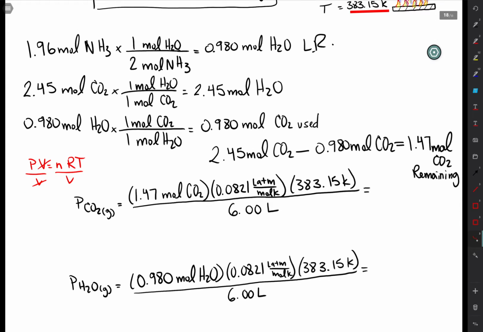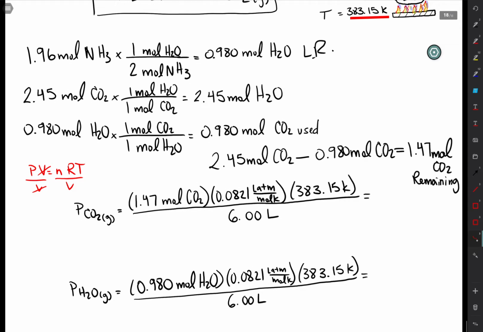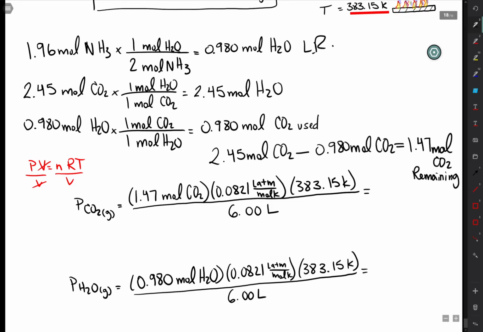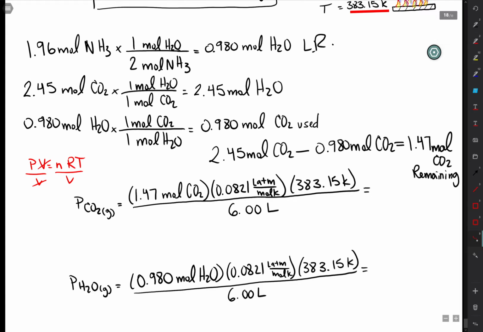Now we can use that to find the pressure of carbon dioxide. We can plug this into our equation of PV equals nRT and solve it in this format. When we do that, we will also use the new temperature because this is after the reaction. So this would be the new temperature.